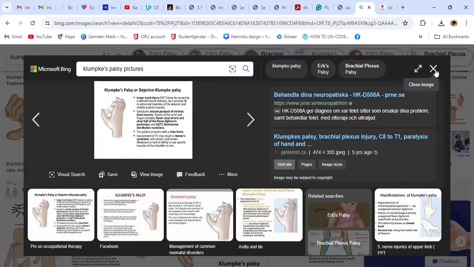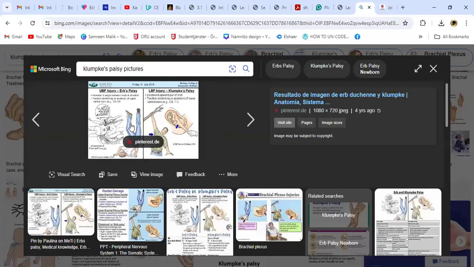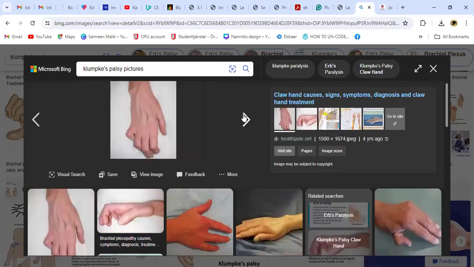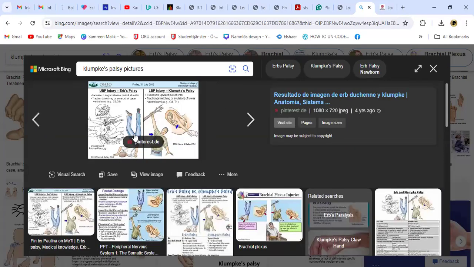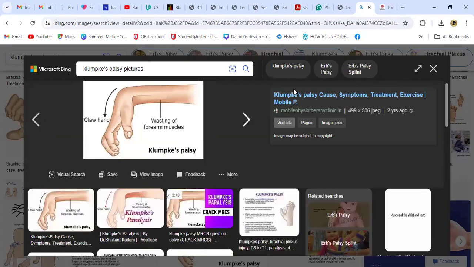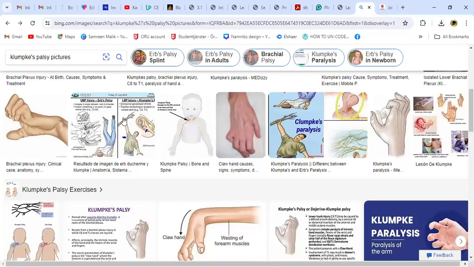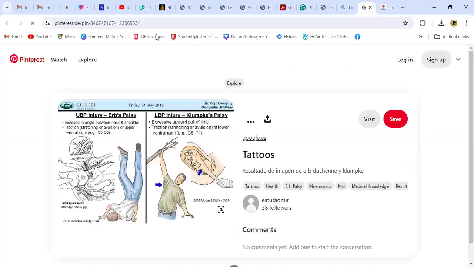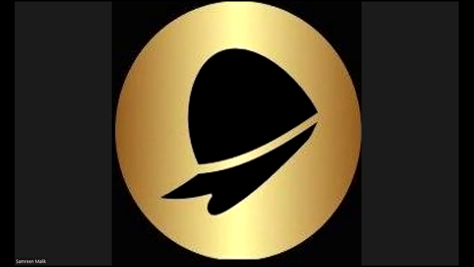Right, where is the image that I wanted to show you? Wait, just a second. I'm going to stop share from here and show you another image.